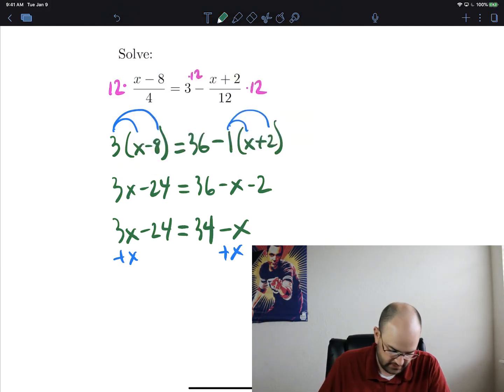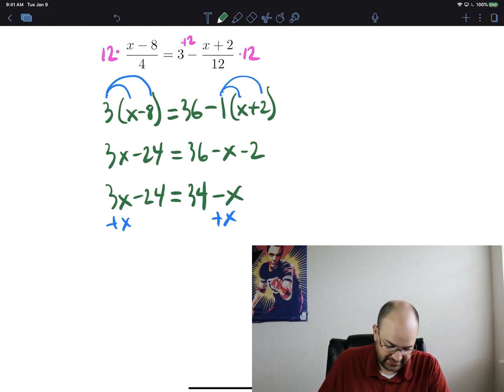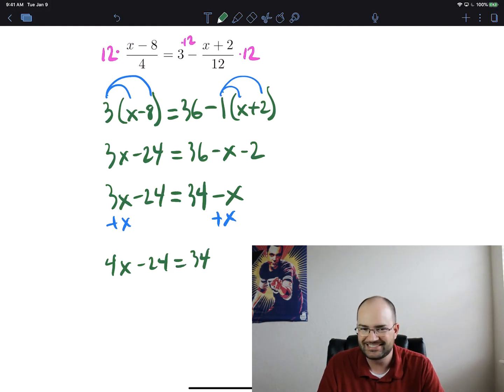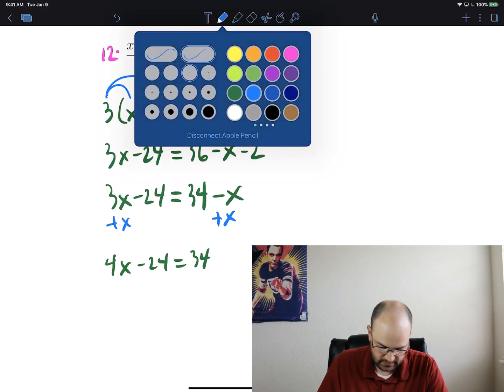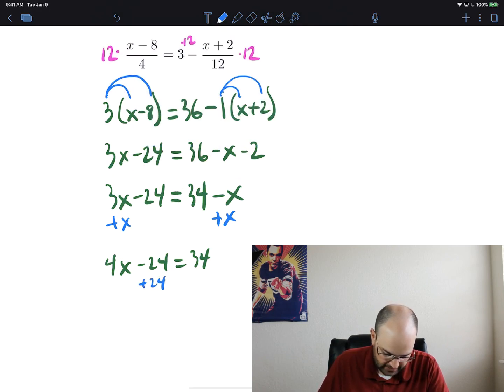It's perfectly fine. 3x plus x is 4x. Minus 24 equals 34, and then negative x plus x, they cancel each other. That's the reason we added x to both sides. And now take this 24, move it to the right-hand side by adding.